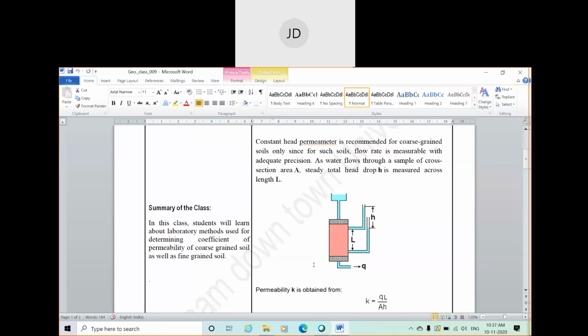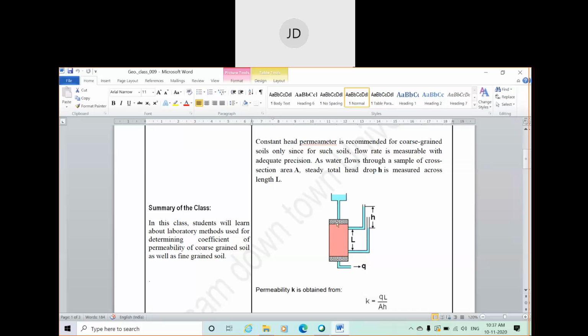The bottom tank is somewhere here. From the top tank, or overhead tank, a continuous flow of water is allowed through the soil, so that water can pass through these permeable membranes.